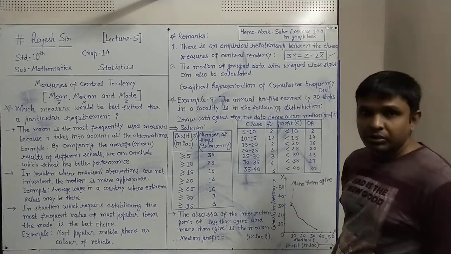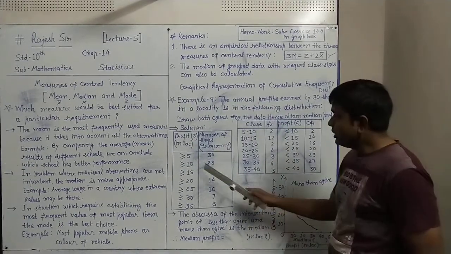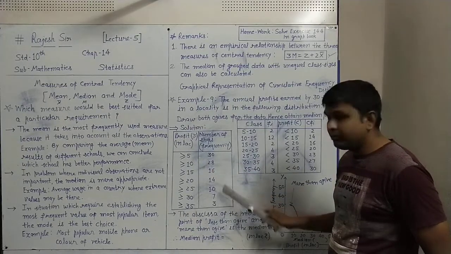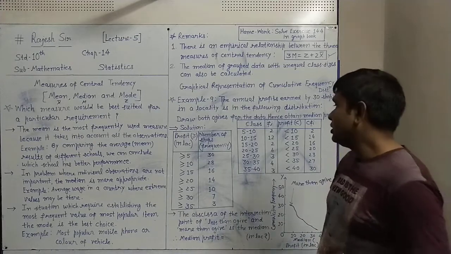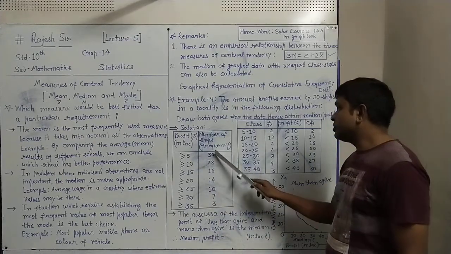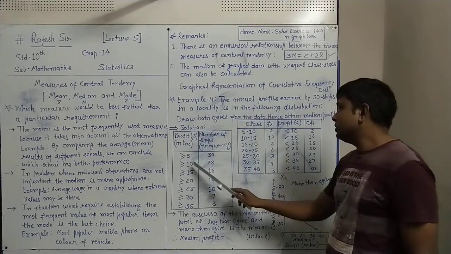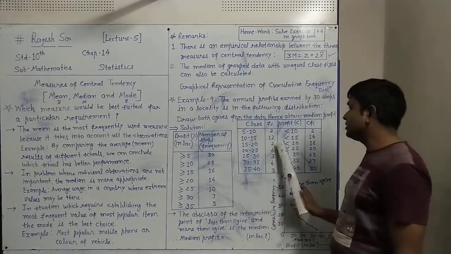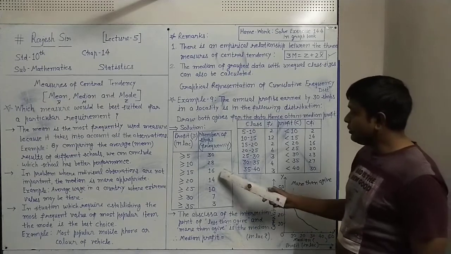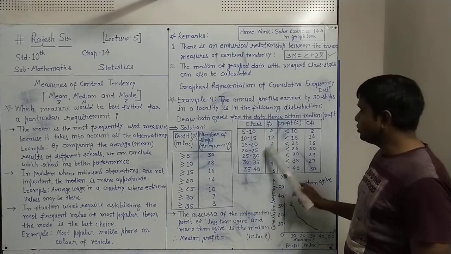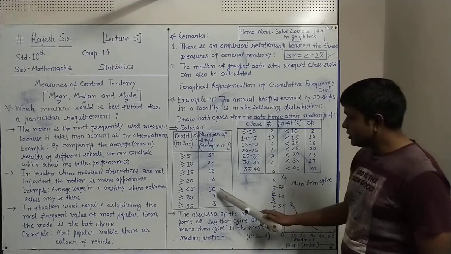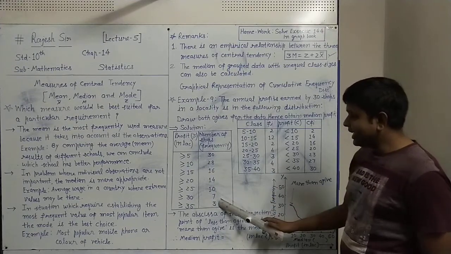So what do we have to do consecutively? We have to get all the intervals by taking the difference of consecutive frequencies. Means 5 to 10 will be the difference of 30 and 28, it is 2. Then 10 to 15, the difference between 28 and 16 is 12. And similarly 16 minus 14, 2, 14 minus 10, 4, 10 minus 7, 3, 7 minus 3, 4, and last 3 as 3.